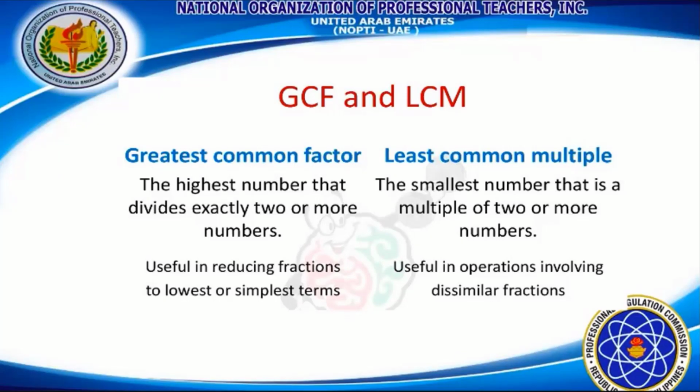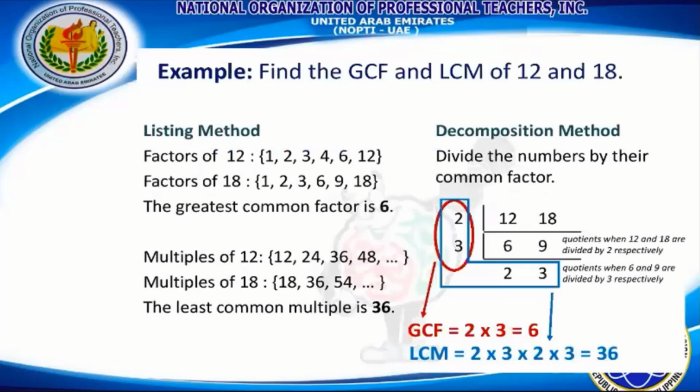Okay, now, in finding the GCF, or least common multiple, we have the listing method. We also have the decomposition method. Okay, let's take, for example, we will find the GCF and the LCM of 12 and 18.